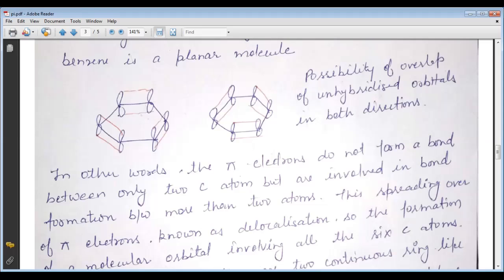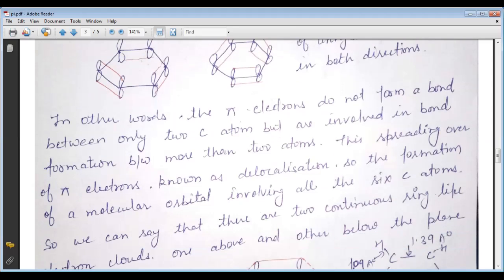So here, in other words, the pi electrons do not form a bond between only two carbon atoms, as we see in the case of ethylene, but are involved in bond formation between more than two atoms.